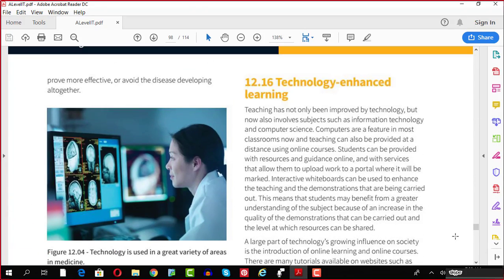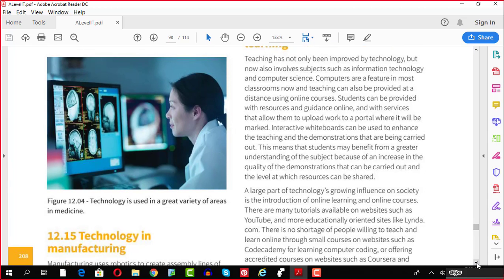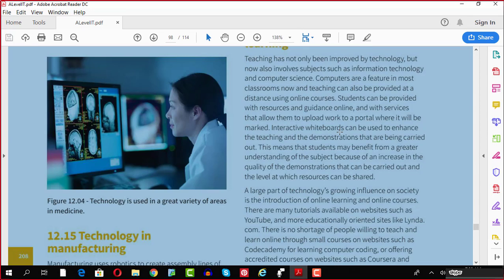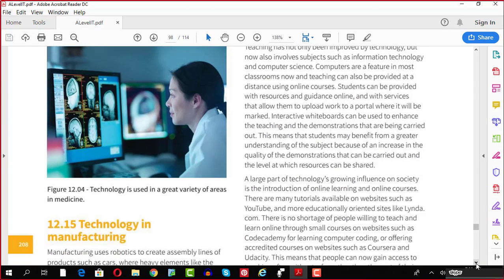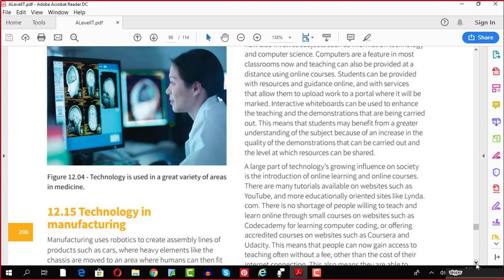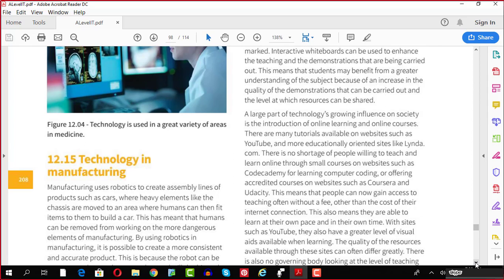Technology enhanced learning. We're talking about how technology can help you in the learning process. We can talk about interactive whiteboards, smart boards. You know what smart boards are, right? We can use smart boards, which could be connected with the internet to share more 3D models of different things.